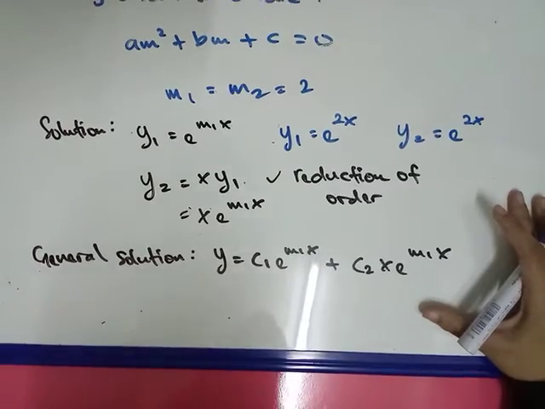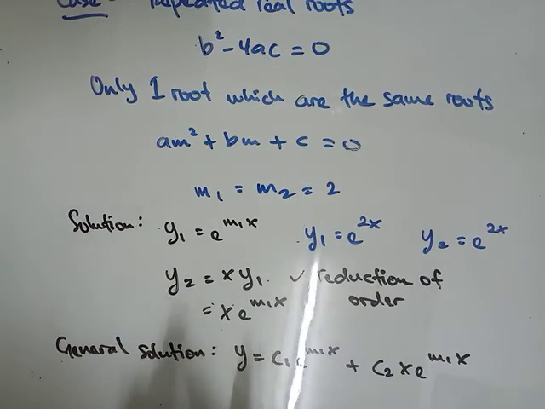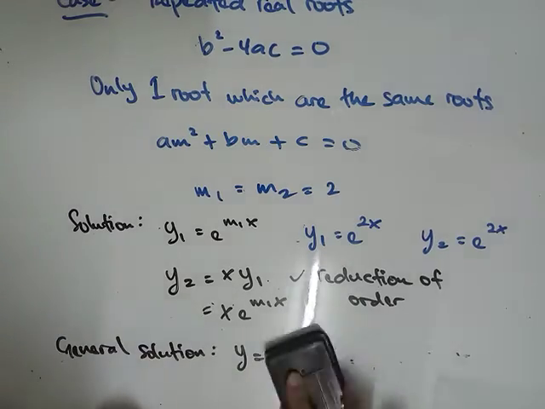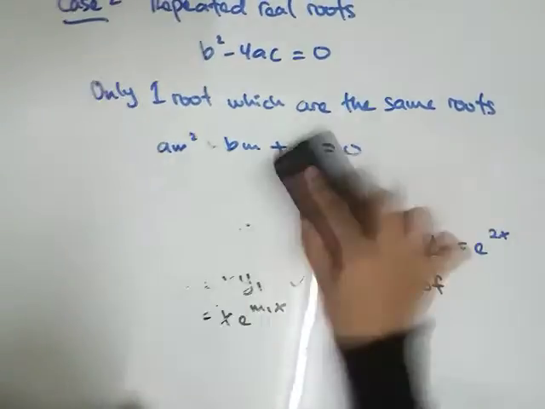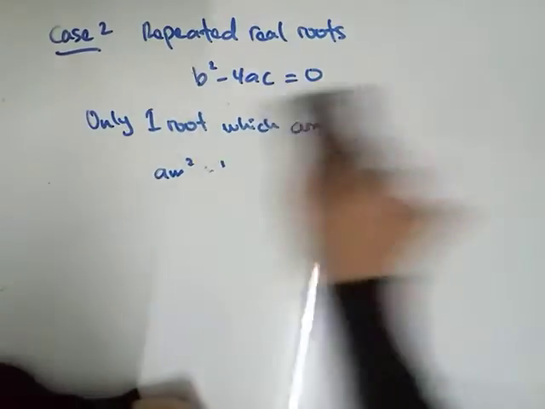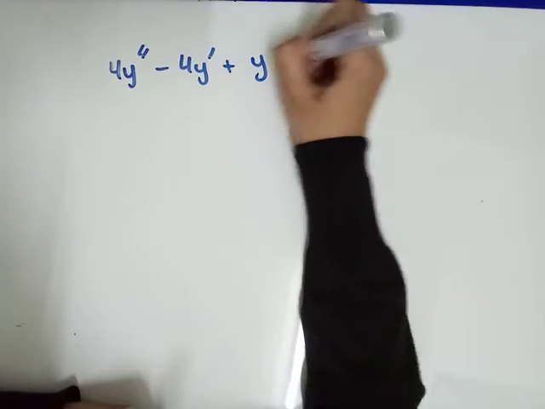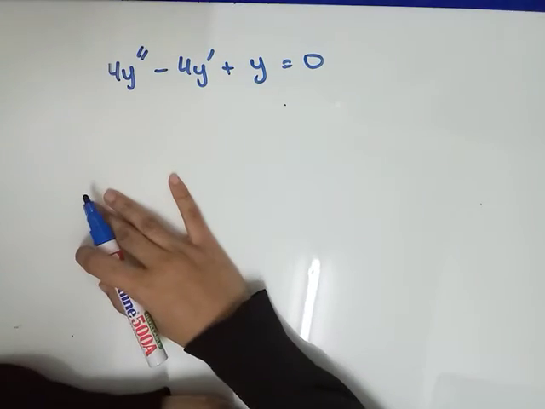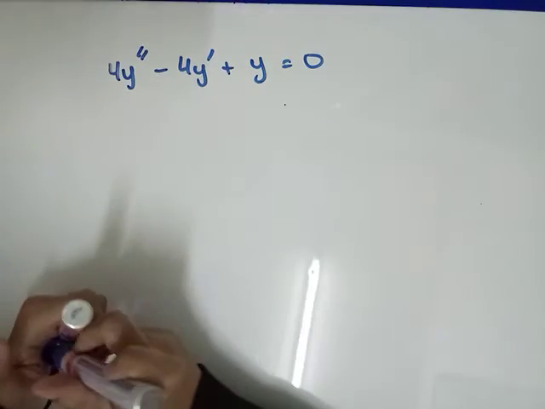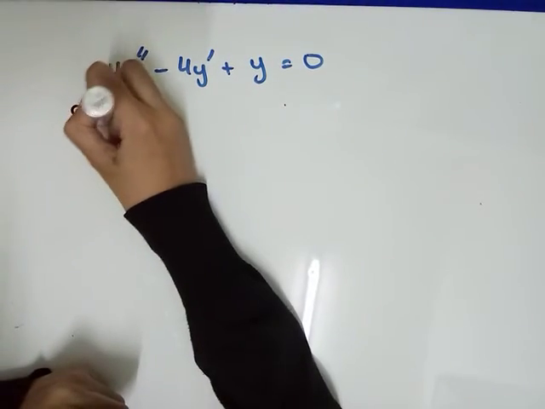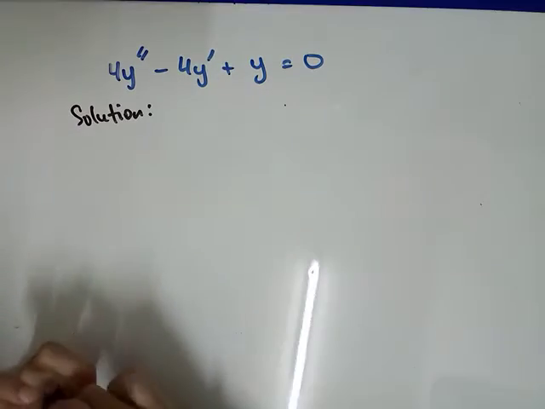You understand now? Okay, look at example 4.2. I will show you. This is for case 2. We have 4y double prime minus 4y prime plus y equals 0.